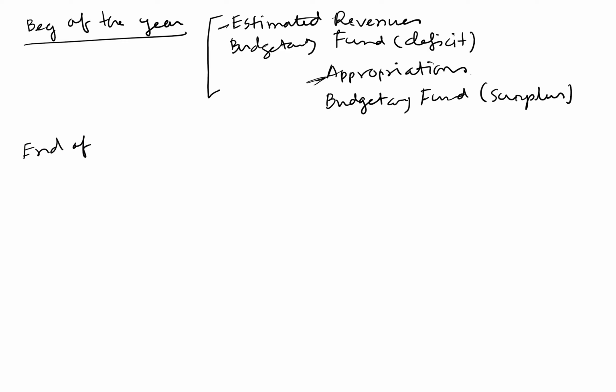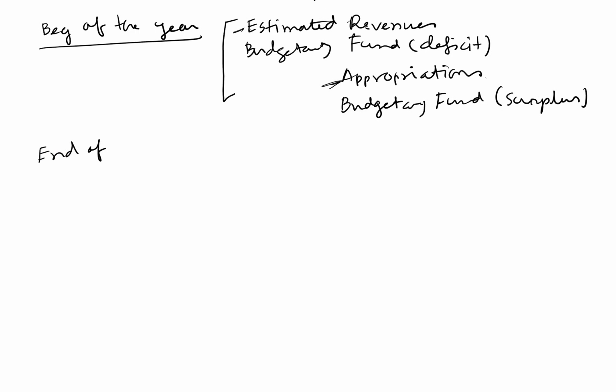Now at the end of the year, what you need to do is close your journal entry. At the end of the year, the journal entry will be just the opposite. Whatever you did, you have to do the reverse thing to close the journal entry.